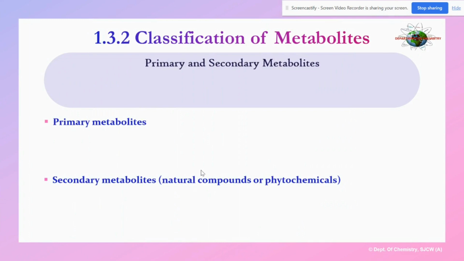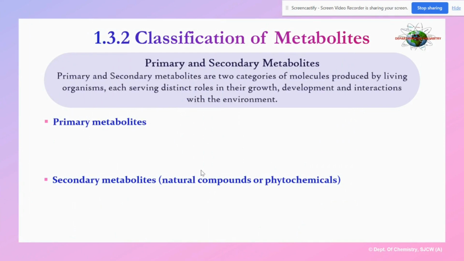Classification of metabolites. Metabolites are classified into primary and secondary metabolites based on their function. Primary and secondary metabolites are the two categories of molecules produced by living organisms, but each serves a distinct role in their growth, development, and interaction with the environment.